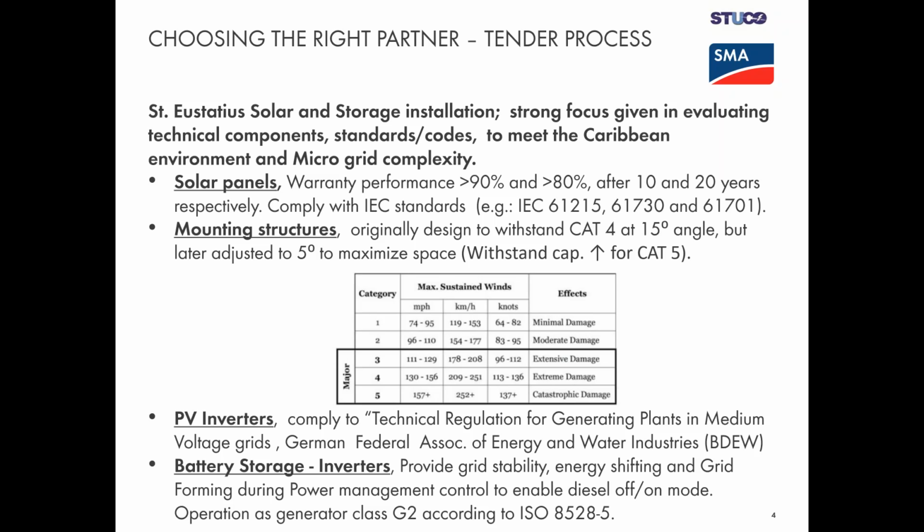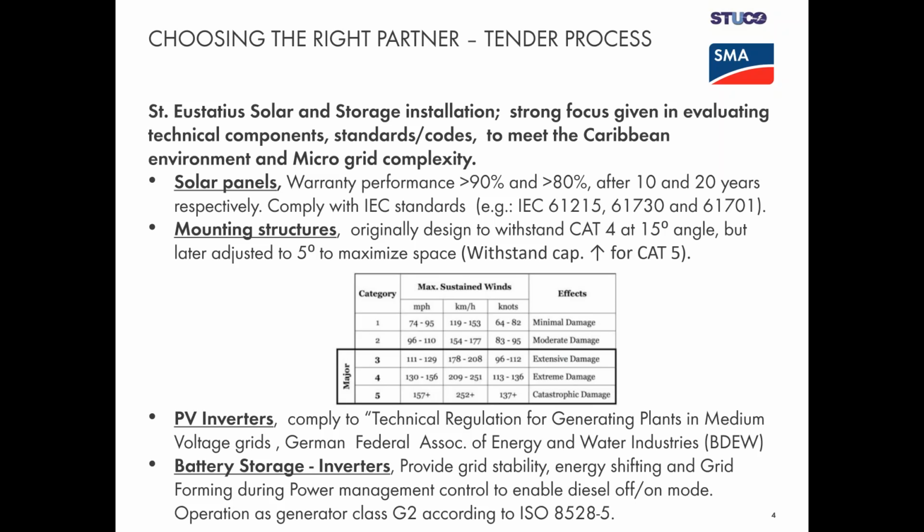As you can see, the requirements for the solar panels, complying with IEC 61, you can see the codes there. The warranty performance of the panels greater than 90% after 10 years, and greater than 80% after 20 years.